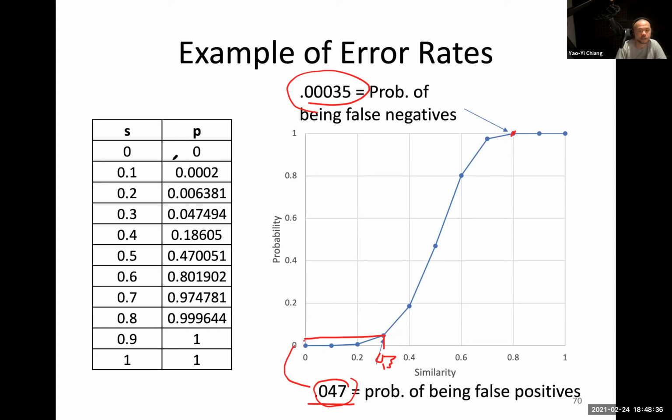If we list all the probabilities based on the similarity value, this is your table, and this table represents this blue line. Pretty cool, right? You can start to see that when you have very small similarity, you have very small chances to become a candidate pair. When you have larger similarity, you have larger chances.